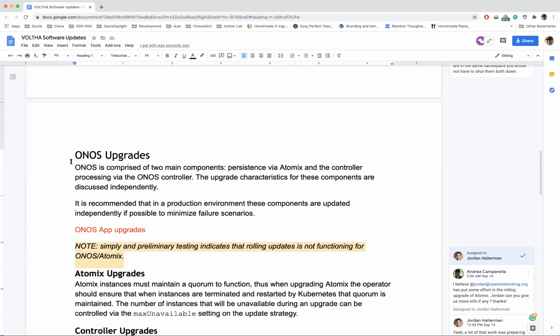Quick question: do we have any idea what the testing will look like? Meaning, do we anticipate something like we deploy the last suitable stable version, at the moment 2.5, and then we try to upgrade to master and make sure everything still works?